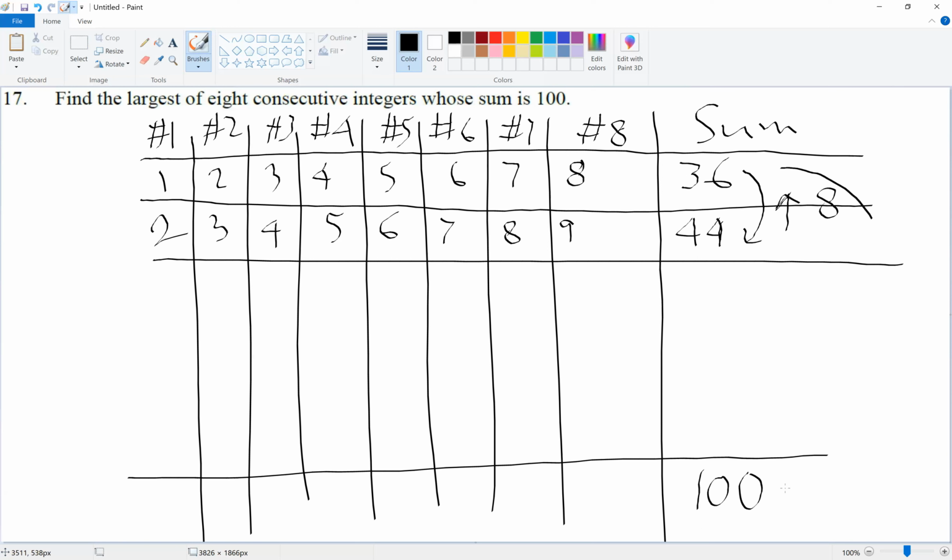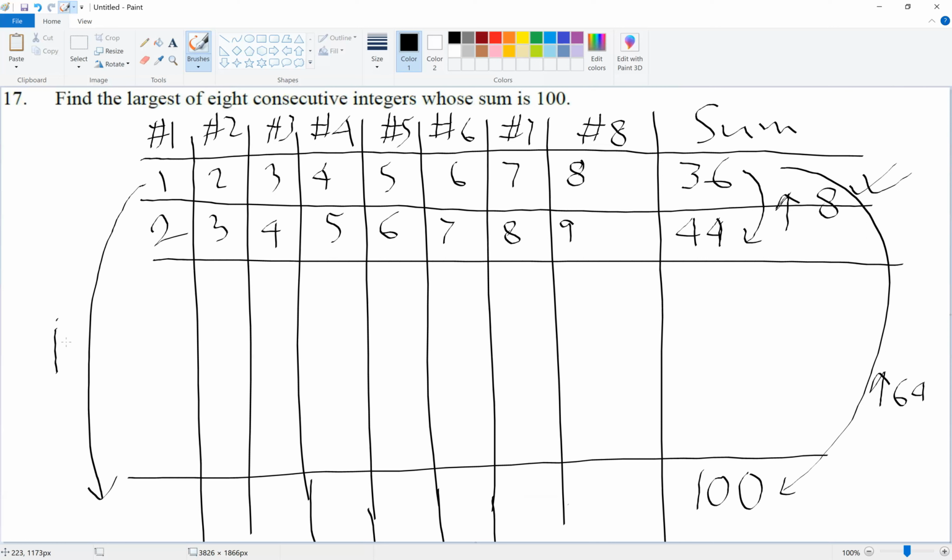My goal is to get 100. So from 36 to 100, how much do I have to go up by? What is 100 minus 36? 64. So every time I do it, it goes up by 8. So I have to do it 8 times, correct? Yes.